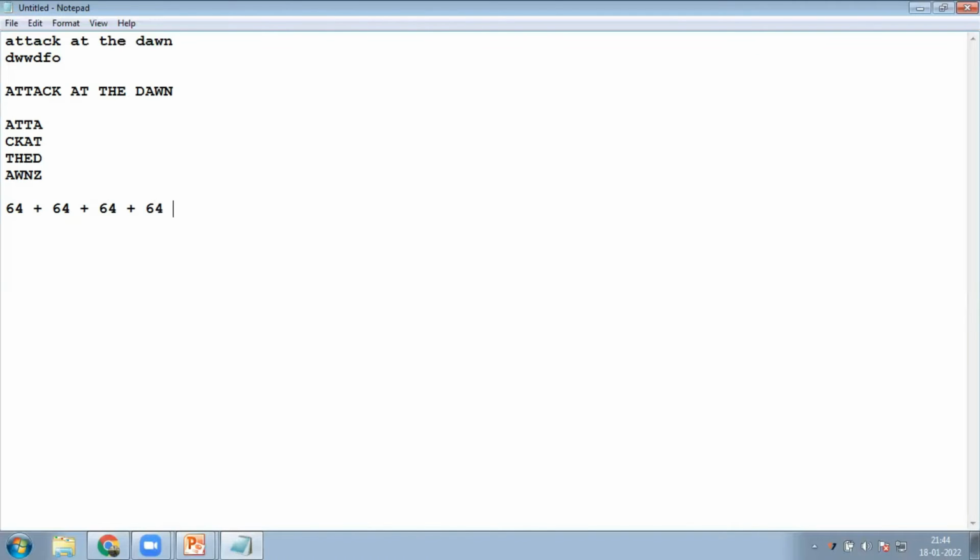ATTA becomes one block, CKAT becomes another block, THED another block, and AWNZ another block. Let's not get confused about whether we pick up ATTA or ACTA; I'm just trying to make you understand that every block has 64 bits in the case of the Data Encryption Standard.